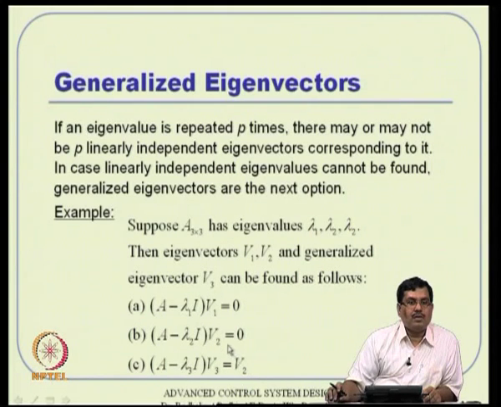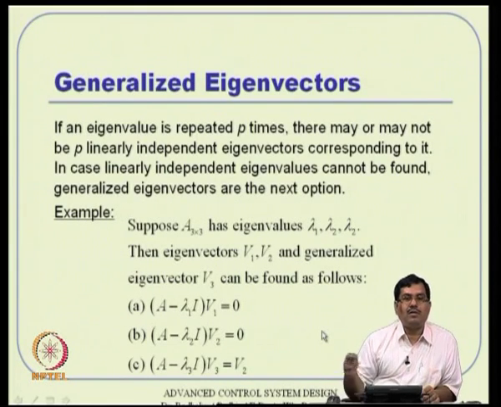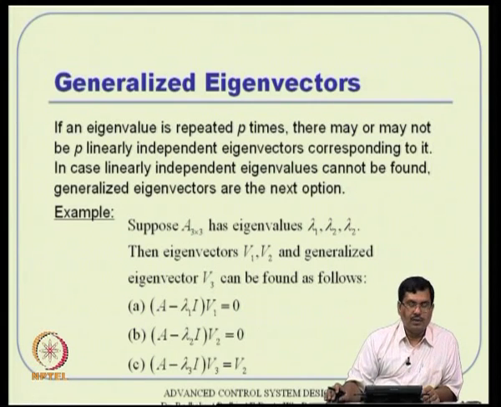Whatever solution you get, V 3, will be a generalized eigenvector. It is not truly an eigenvector, but it is close to an eigenvector in some sense; the epsilon delta, limiting sense behavior is available in the Thomas Kailath book, which you can refer to. In a limiting sense it will become an eigenvector.